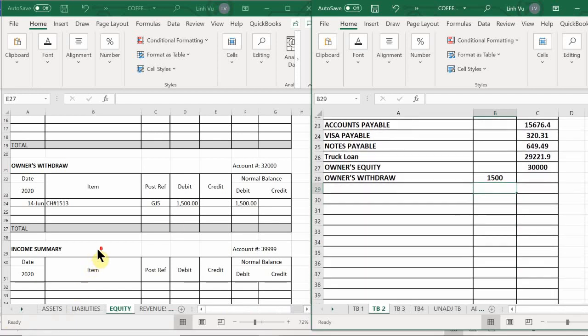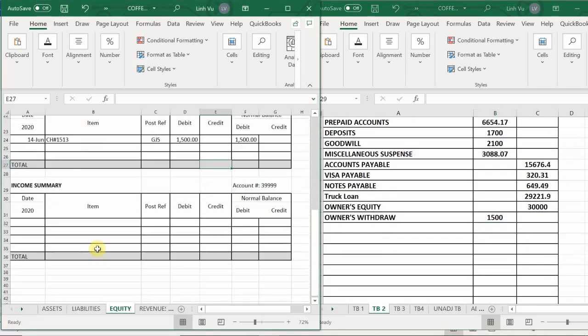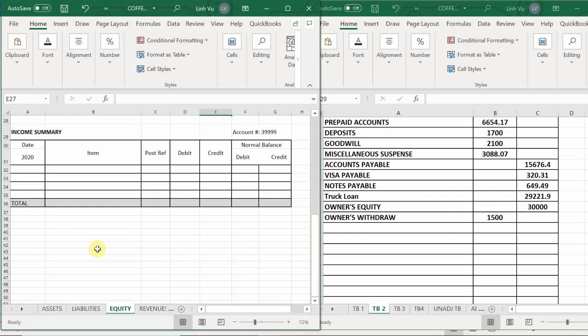We don't have any income summary yet because we're not closing up our books yet. Okay. So now that means we are done with our equity.